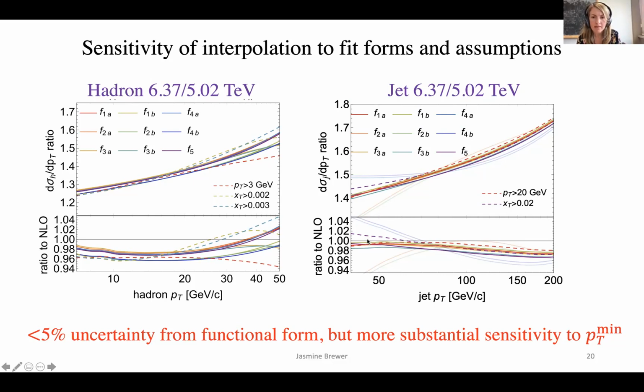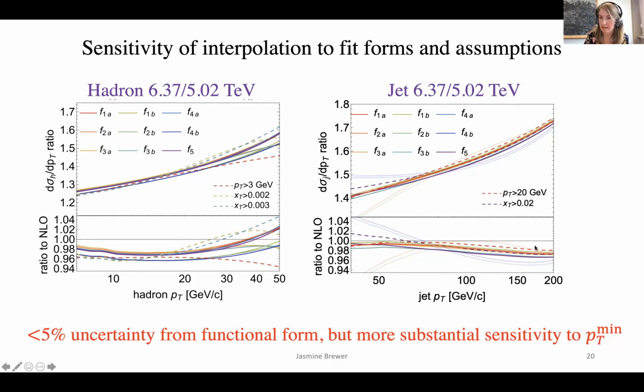For jets, the variation in the functional form is quite a bit smaller. So the total uncertainty, at least for fits which have reasonable chi-squared, which are the ones shown in solid, is only a few percent on estimating the jet spectra from these fits.